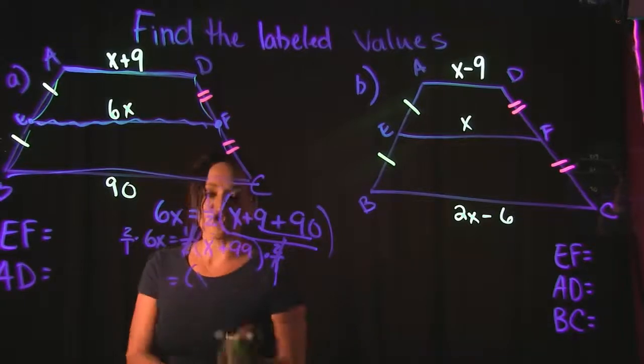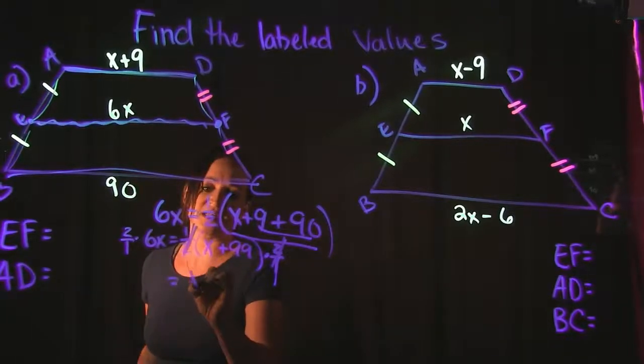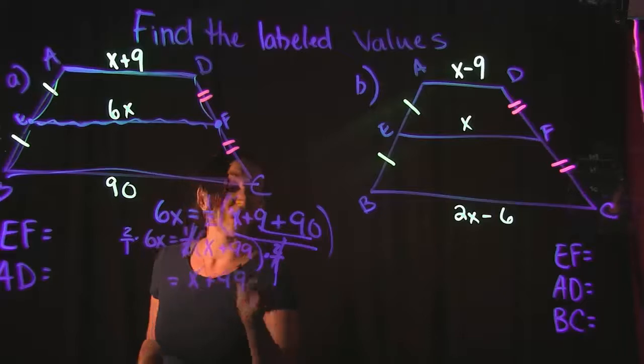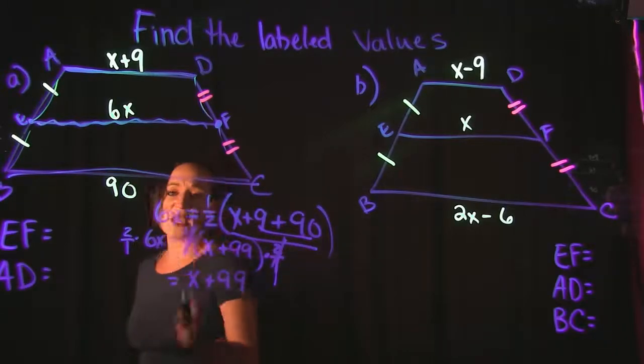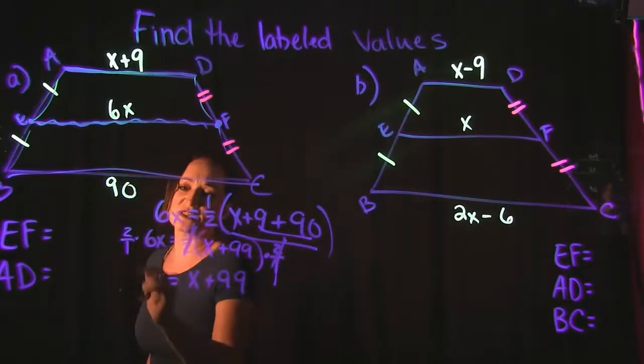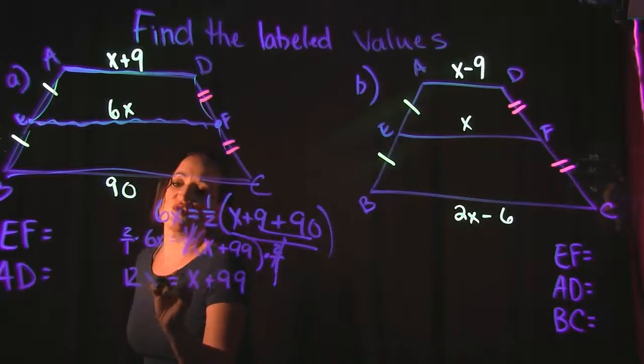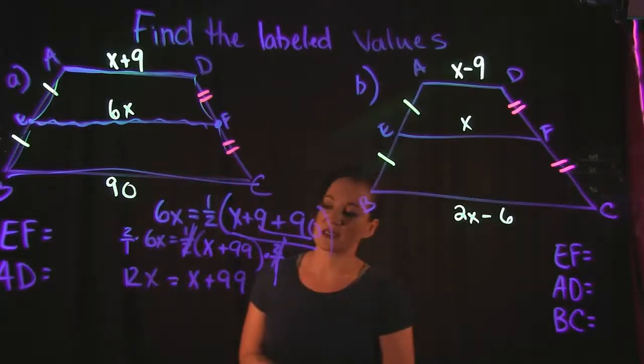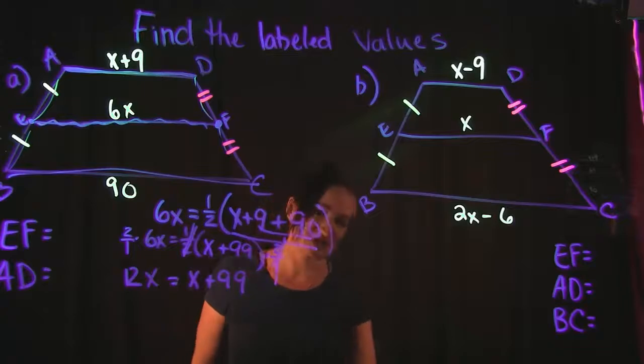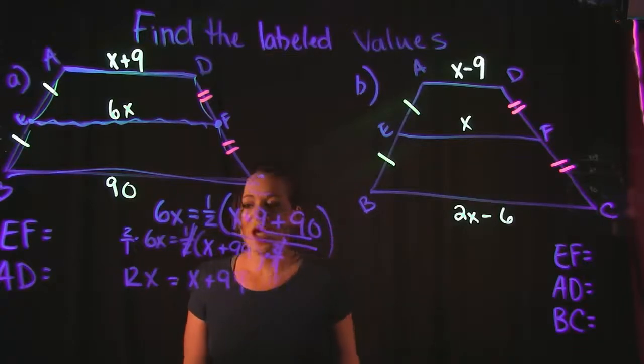That way I can drop down directly what's inside my parentheses. On the left-hand side, 2 times 6x, well, 2 times 6 is 12, drop down the x with it. So you can see I got rid of the fractions to make it a lot easier to solve.